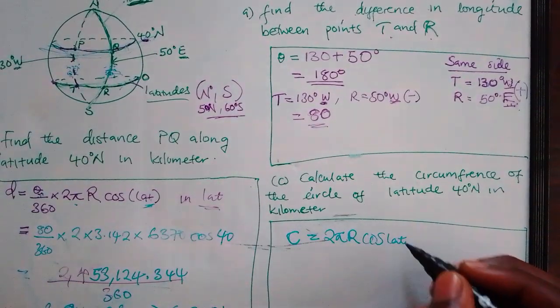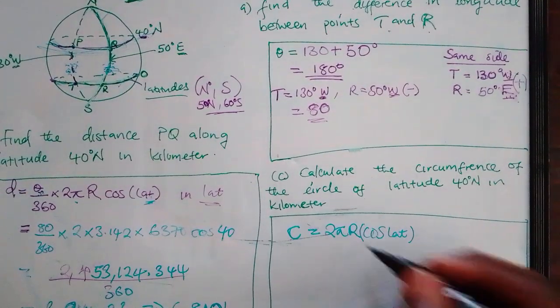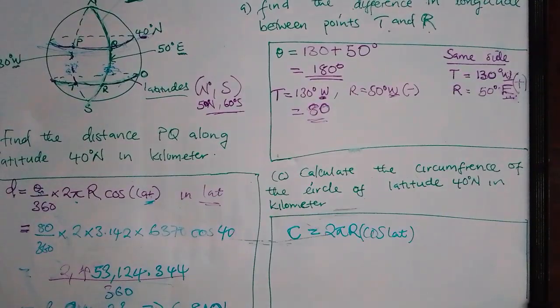Latitude. So why are we saying cos latitude? So whenever you are dealing with latitudes, whenever you are calculating distance in latitude, always remember to put cos latitude, that latitude which the points are on.